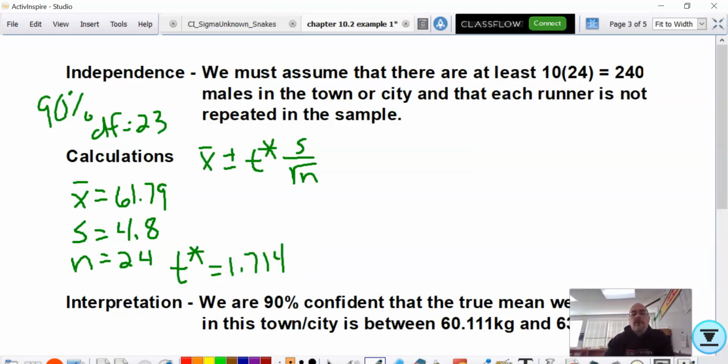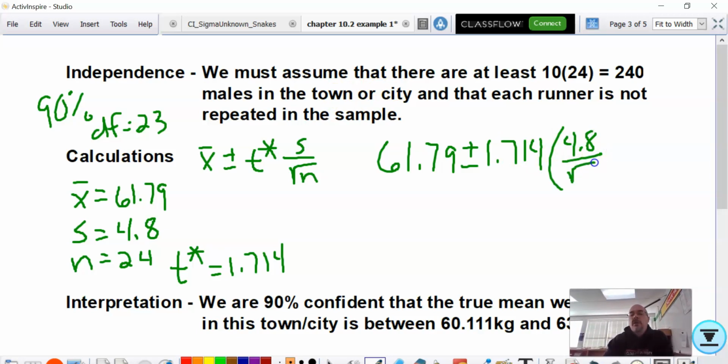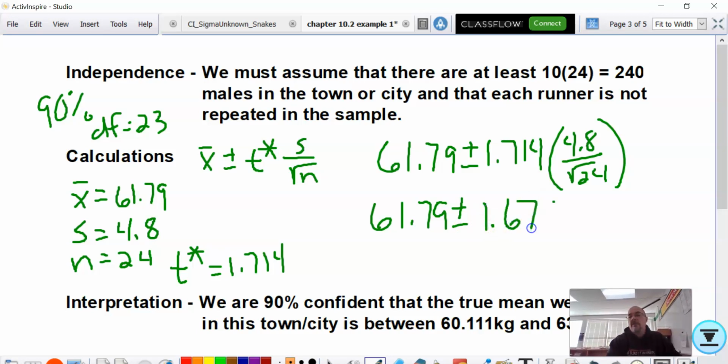All right, so now I'm going to go 61.79 plus or minus 1.714 times the 4.8 divided by the square root of 24. Figure out that part on the right first, and you should get 1.679.